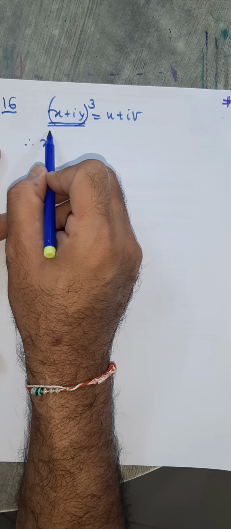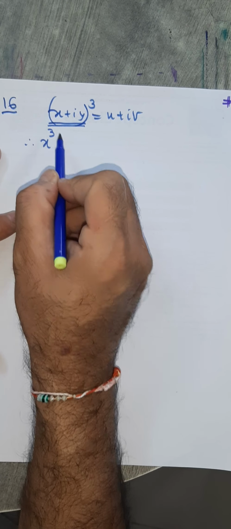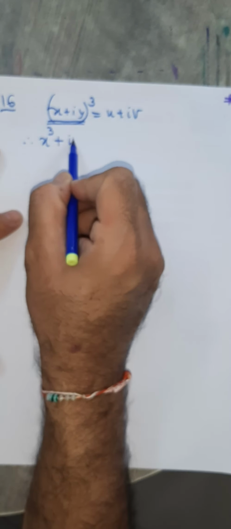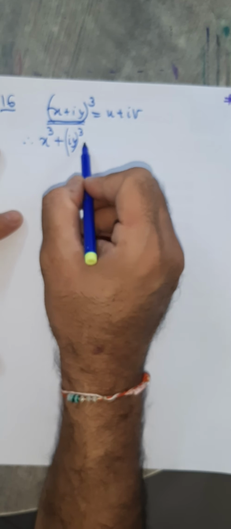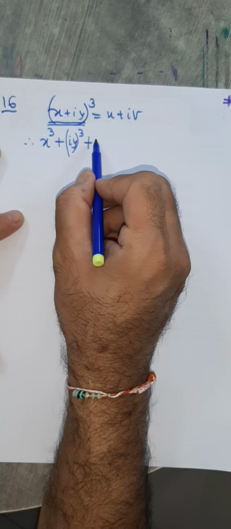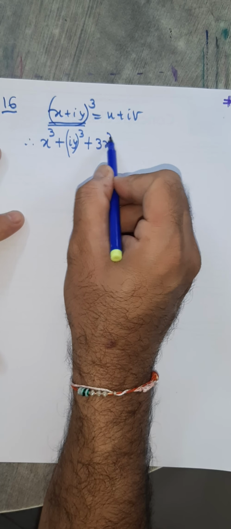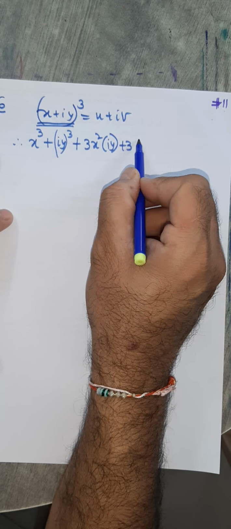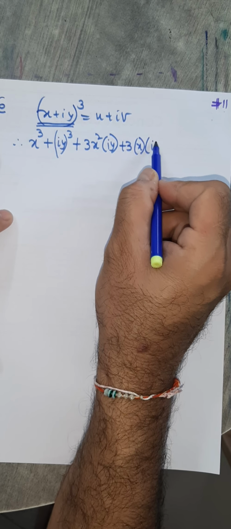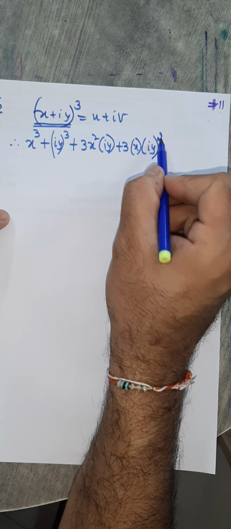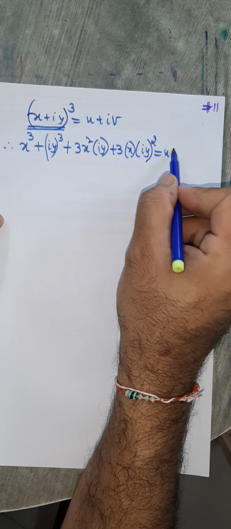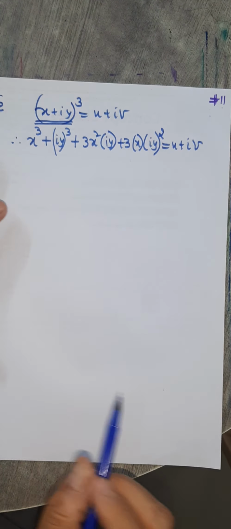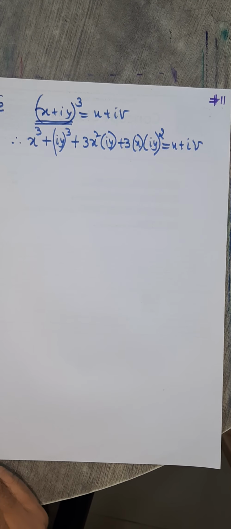So you have x³ + (iy)³ + 3x²(iy) + 3x(iy)², and RHS as it is, that is u + iv. What we did, just expanding LHS, nothing more than that.